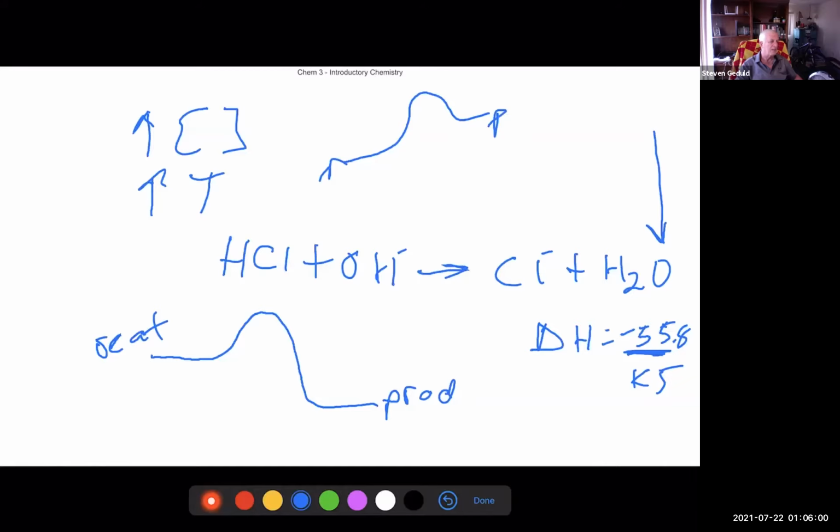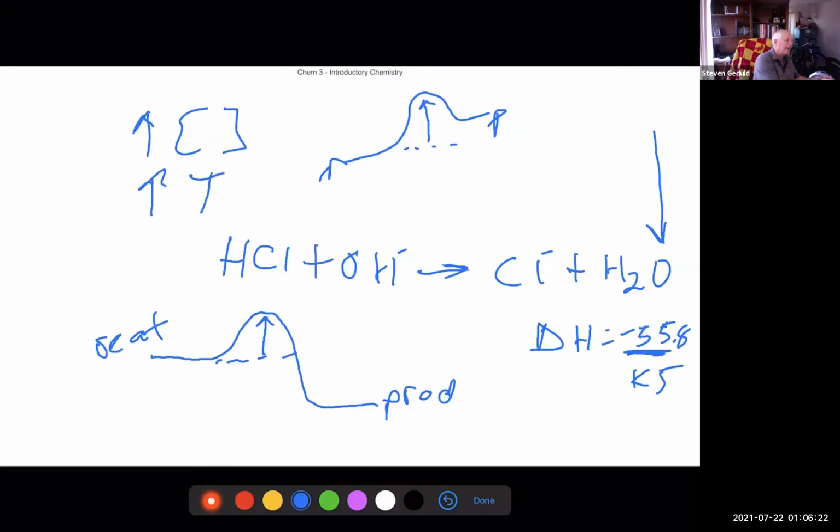So the reaction rate depends upon temperature, concentration, and the activation energy, how much energy it takes for these reactions to occur. It's got to hit with enough force to overcome that hump. And now we're going to talk about a catalyst.